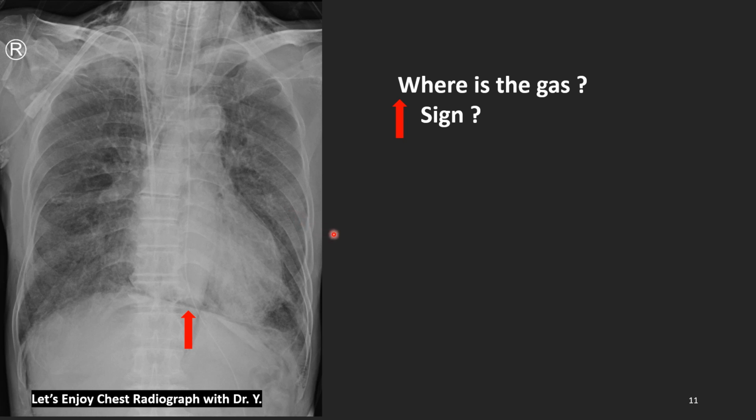How about this supine AP film? Endotracheal tube, central line, another central line, with gas at the upper shoulder or lower neck intramuscular planes on the right and on the left side. And this is subcutaneous emphysema.